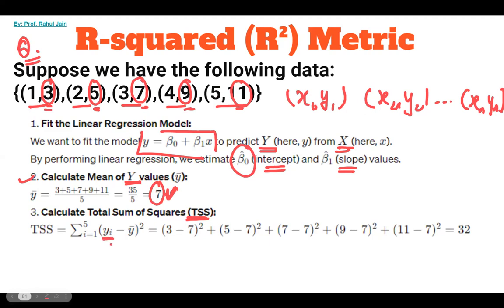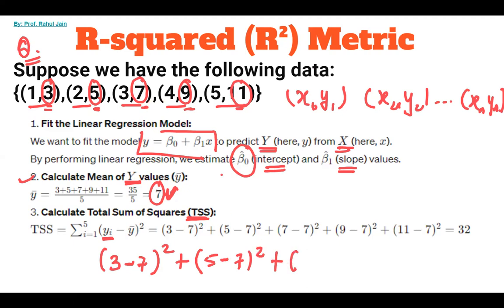So, yi, that is our actual value, here that is 3, minus the mean value, 3 minus 7 and its whole square, plus the second value is 5, that is y2 minus mean value 7 whole square, plus y3, that is 7 minus mean value 7 whole square, plus y4, that is 9 minus mean value 7 whole square, plus y5, that is 11 minus mean value 7 whole square, right?